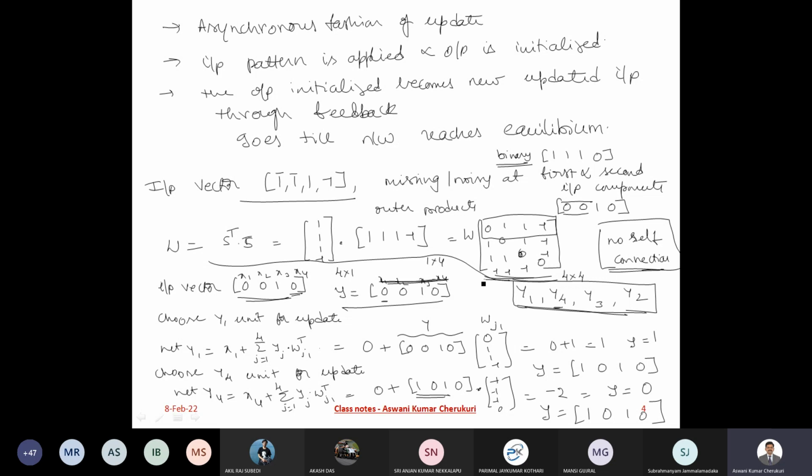Similarly, once it is done, what is the next step? Can somebody tell me? Go for Y3, net Y3. Choose Y3. For Y3, what is the input from the external signal? X3 will be there. X3 is 1, right? Plus X3 is 1, and you have the updated Y coming from net Y4.